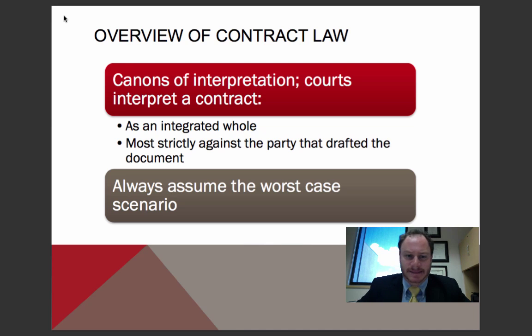And then secondly, in terms of overall overarching thoughts or themes before we even talk about contracts, it's good to think about a contract and putting into the contract what might happen in the worst case scenario.